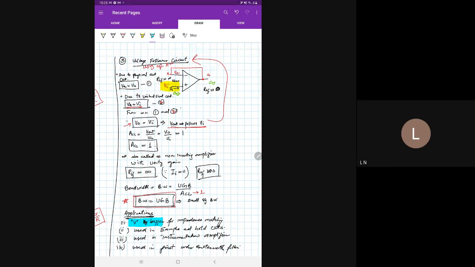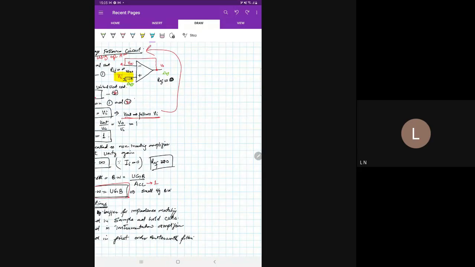Now, its input impedance or resistance is one value, and its output resistance with feedback has a different value. So it can match two different impedances, two different stages with different impedances. Say, for example, this is the voltage follower circuit, then this is stage two, and you have stage one here.